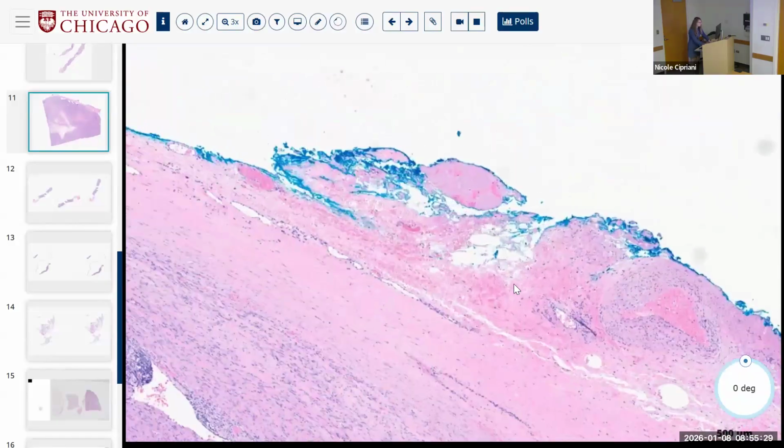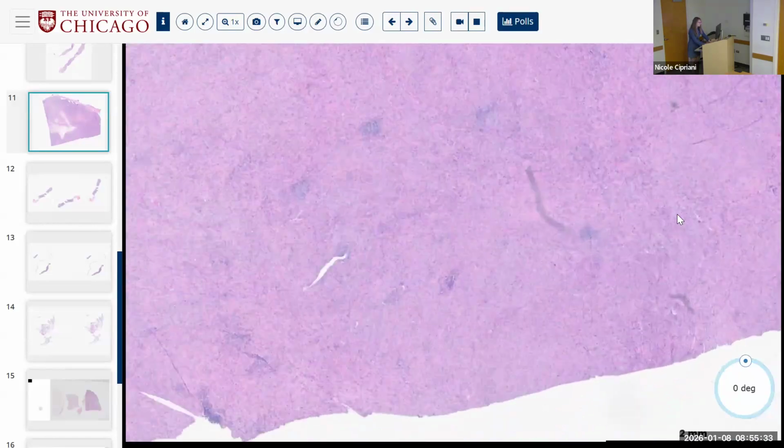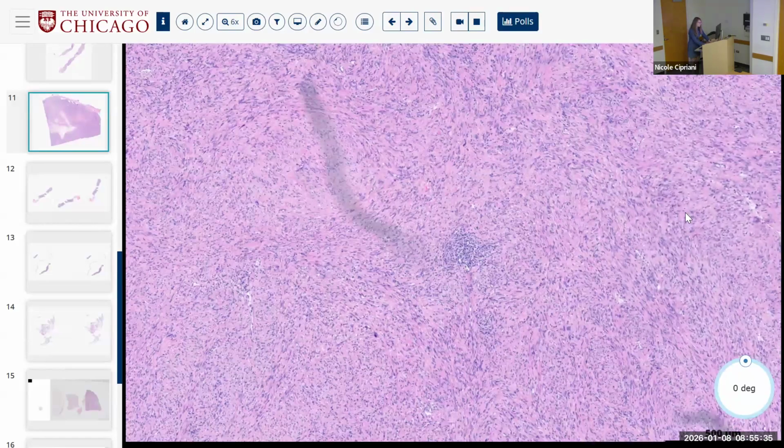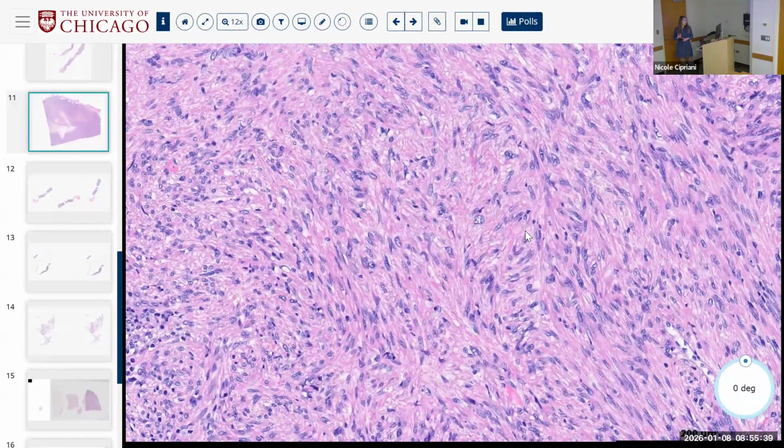One interesting thing that came out of the molecular testing of this tumor was that it had MDM2 amplification. So now what? It could very well be a liposarcoma with myogenic differentiation.